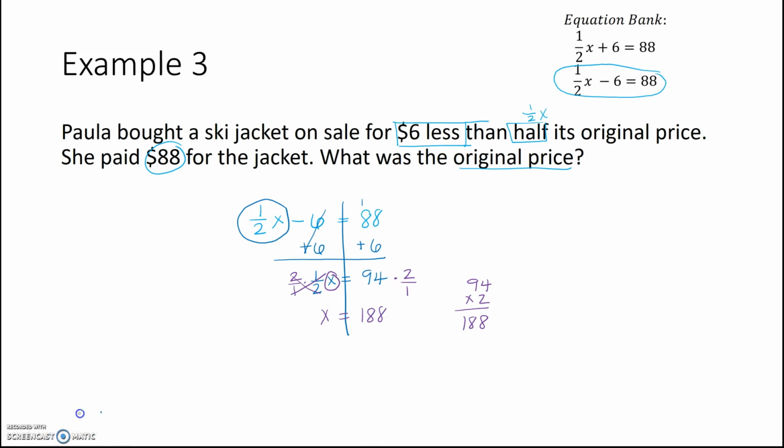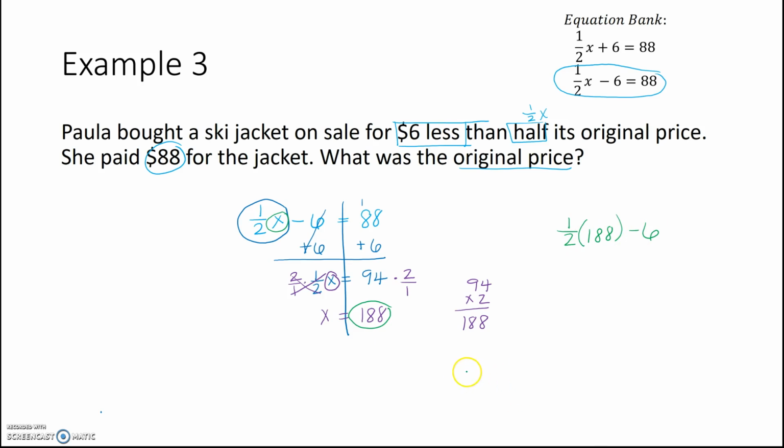But let me just make sure. So I'm going to go ahead and plug 188 in for x, okay? So I have 1/2 times 188 minus 6.